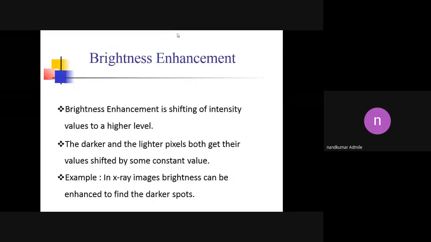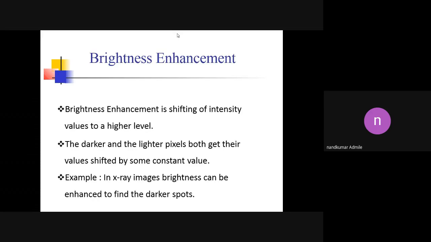The next concept is brightness enhancement. By using brightness enhancement, we can increase the brightness of a particular part of the image.